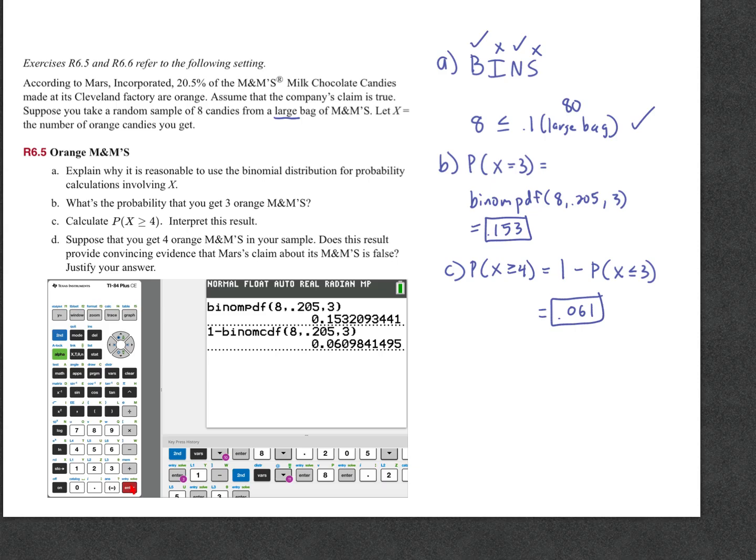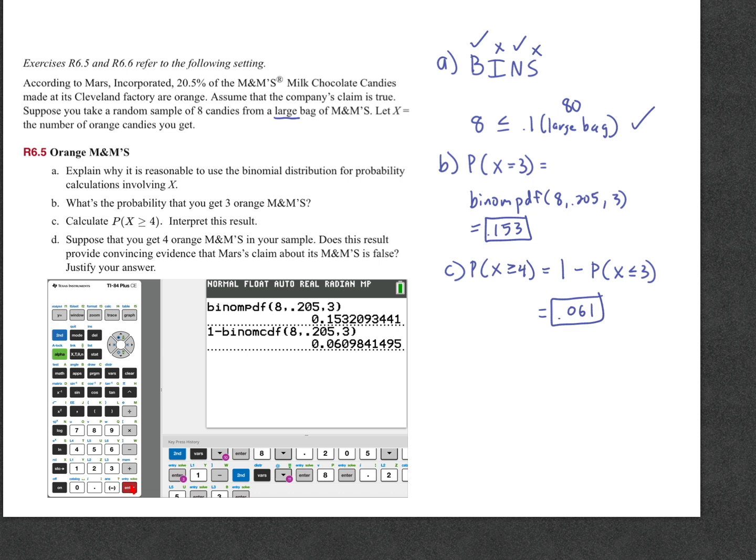To get 4 is already higher than that, so more extreme is greater. So we want the probability of getting greater than or equal to 4, which we already did. We found that probability is 0.061.